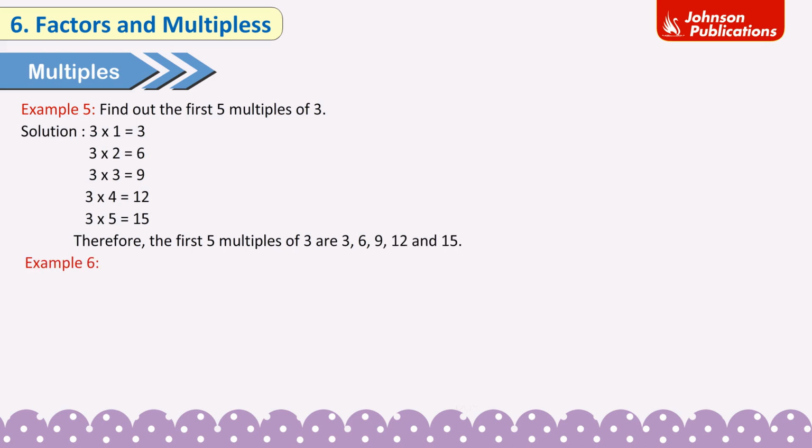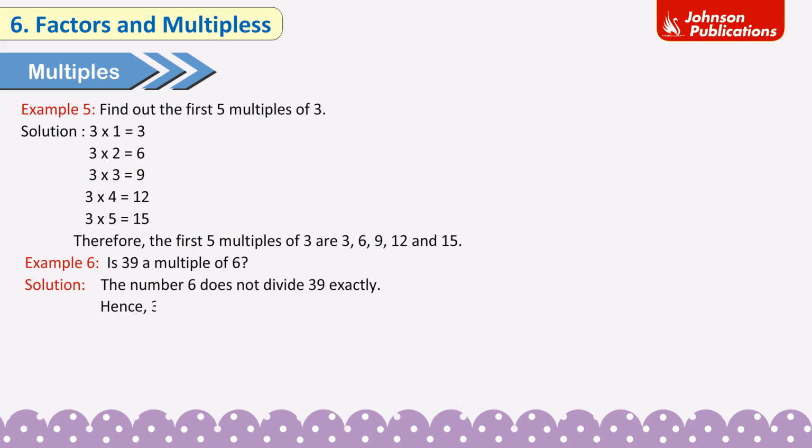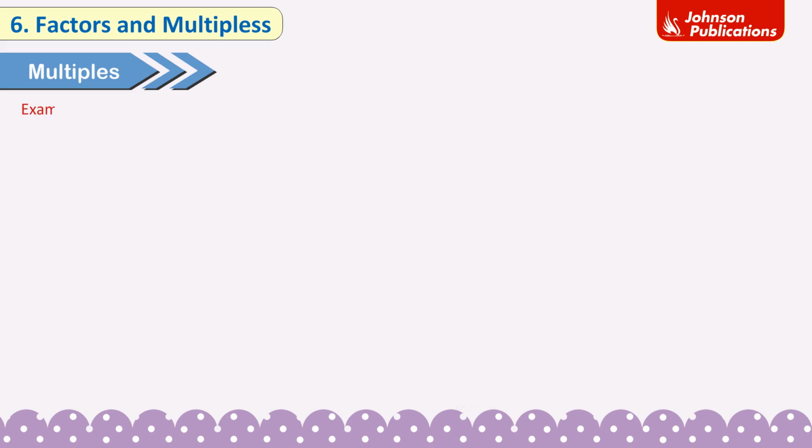Example 6. Is 39 a multiple of 6? Solution. The number 6 does not divide 39 exactly. Hence, 39 is not a multiple of 6. Example 7. Is 154 a multiple of 11? Solution.